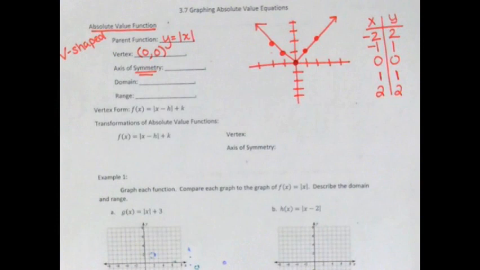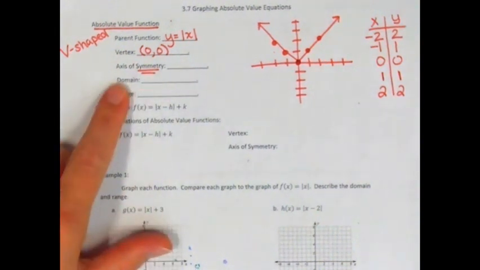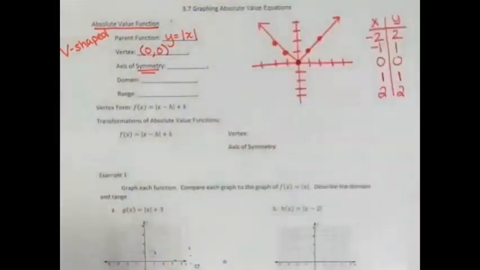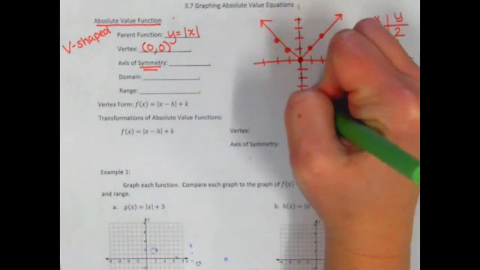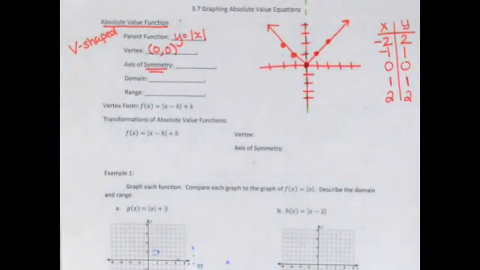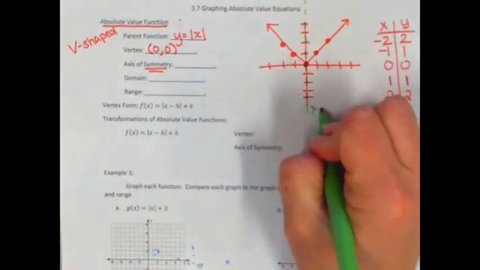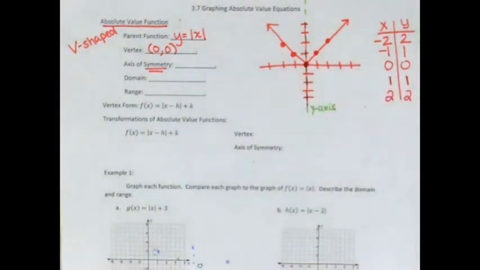There's equal on both sides, right? So if we have an axis of symmetry, it is actually a vertical line that splits my graph equally in half. And in this case, isn't it the y-axis? Yes, the axis of symmetry is the y-axis.